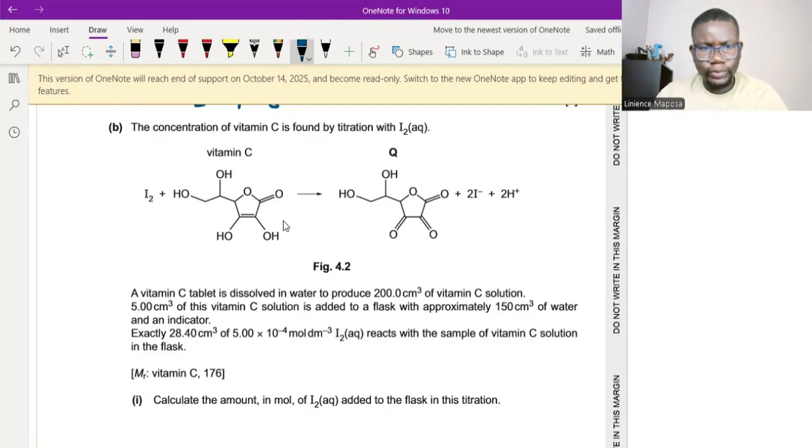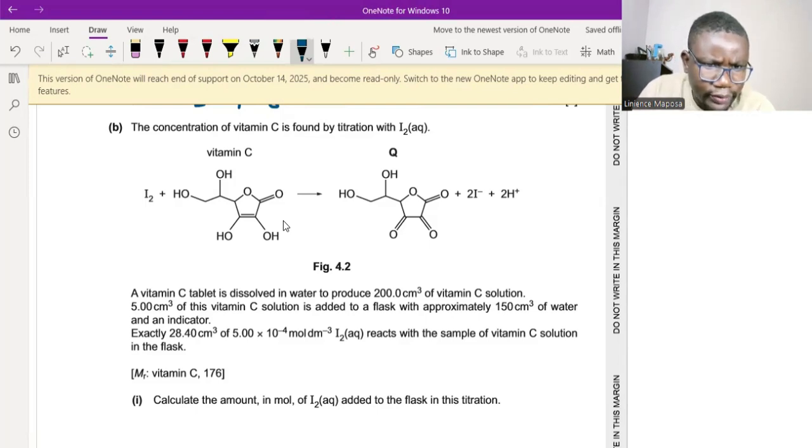From this 200, we took 5 cm3 and added it to a flask that had about 150 cm3 of water, and an indicator was also present. So we now have approximately 155 cm3 total in this solution, and it contains vitamin C in 5 cm3. Within this 5 cm3, there are some molecules of vitamin C, we'll find out.